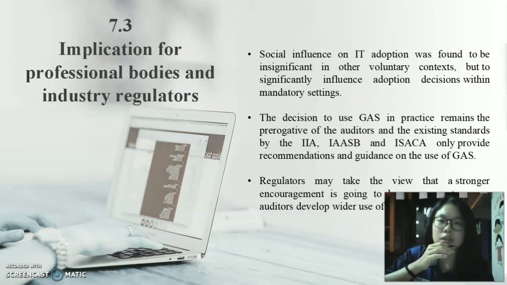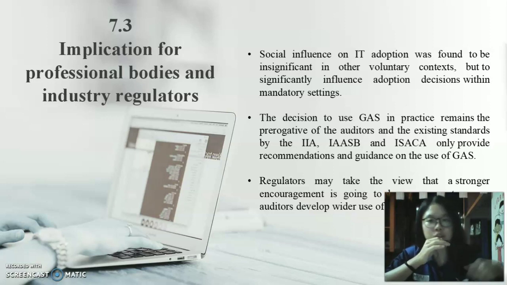Okay, now the implications for professional bodies and industry regulators. First point, social influence on IT adoption was found to be insignificant in other voluntary contexts, but significantly influenced adoption decisions within mandatory settings.